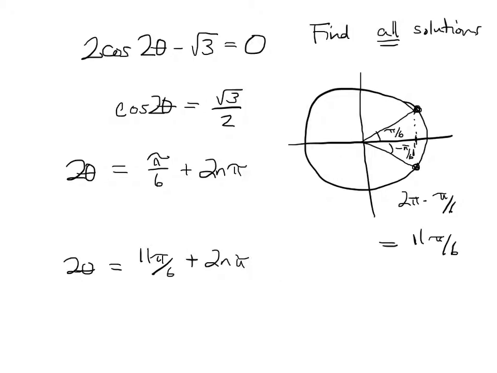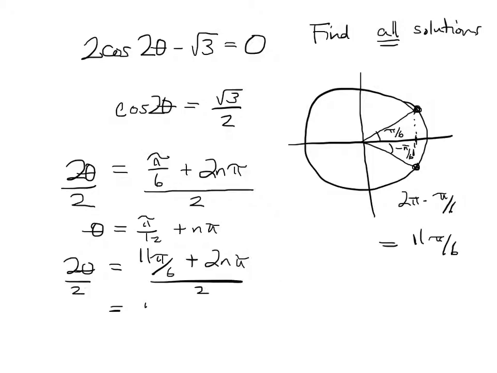So we can just divide both sides by 2. That's pi over 12 plus n pi. And there you have 11 pi over 12 plus n pi. Good enough.